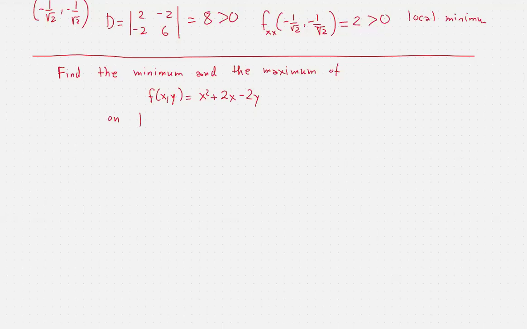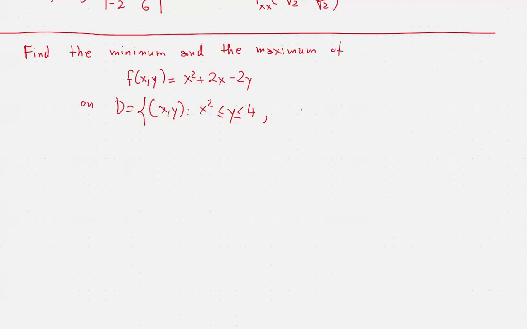I'm sorry, it's not a rectangle. So y is between x squared and 4, and x is between -2 and 2.